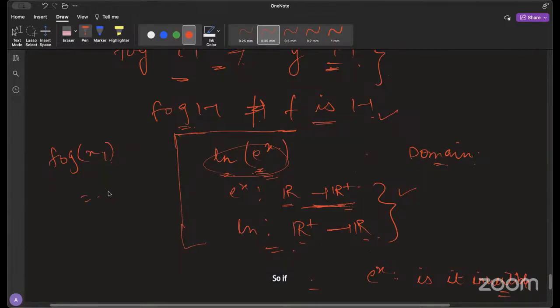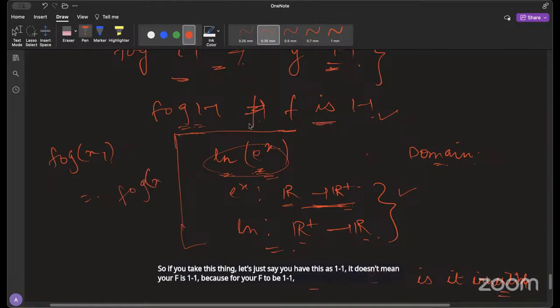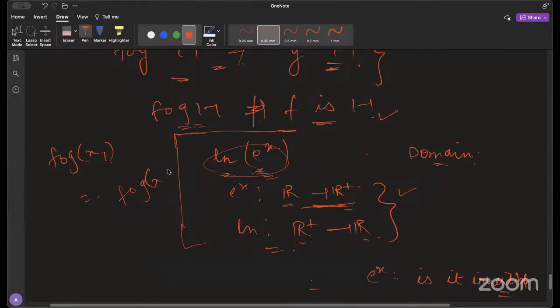So let's just say you have this as 1-1. It doesn't mean your f is 1-1, because for your f to be 1-1, we know that your g is 1-1, right?